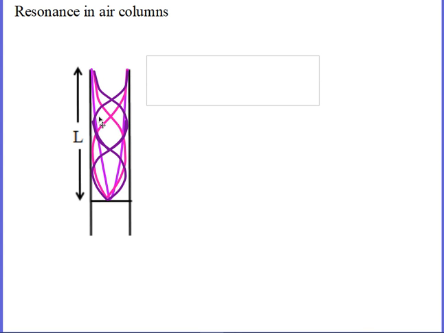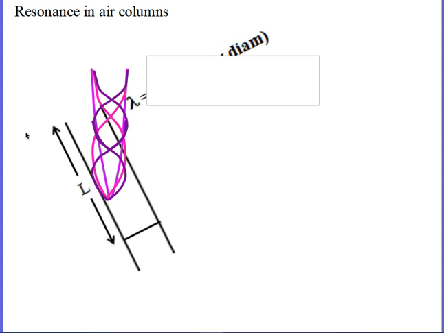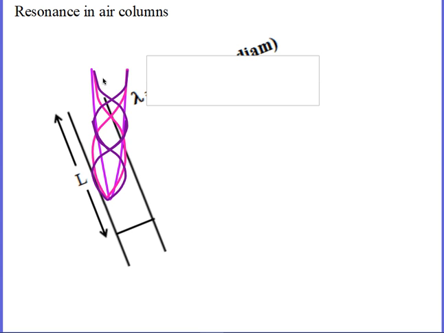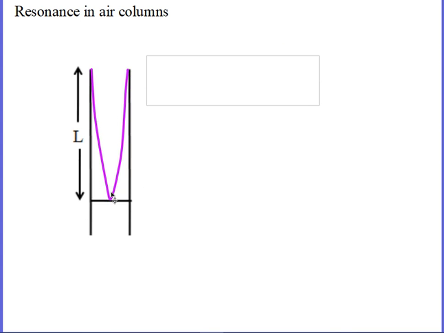All of these overtones would occur if you blew across the top of the tube. Then you would have the fifth harmonic and the third harmonic and the fundamental. But that's not what's going to happen in the lab. We're going to make a frequency and see if its wavelengths fit.